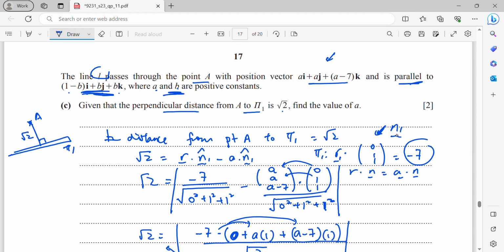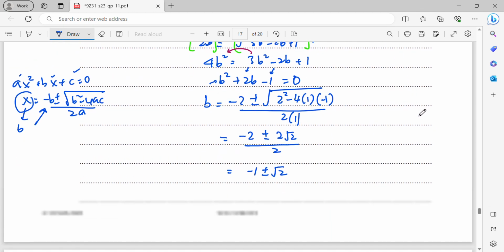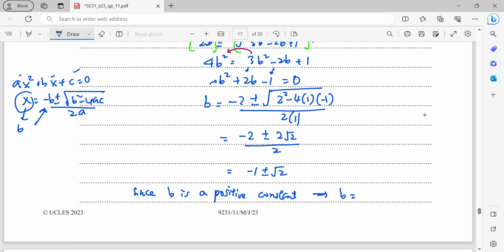A and b are positive constants. When you consider the negative, the first term is already minus 1, then if you minus the square root 2 again, it will be more negative. So you just write here, since b is a positive constant, therefore b is going to be minus 1 plus square root 2.